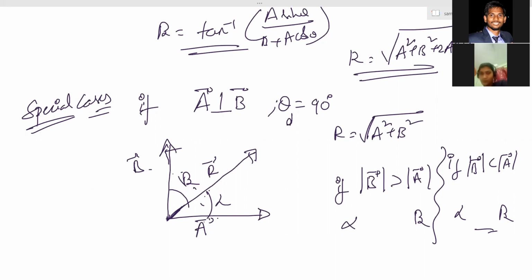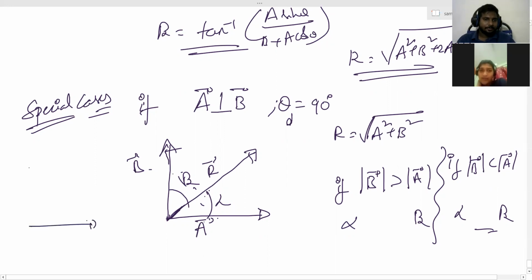Geeta, you got it? Sir, I think by trigonometry we can find it. Right. You don't need to shift so much. Both are perpendicular, I showed right here. That means theta is 90 in this formula.